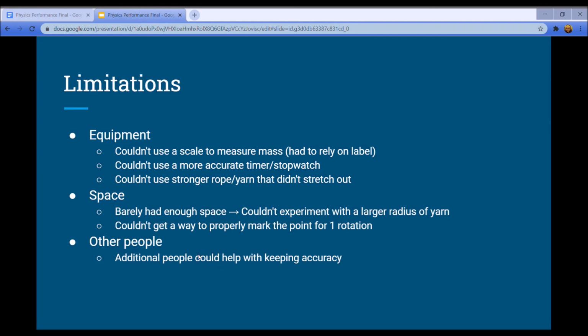And finally, because of COVID, I wasn't able to work with other people. Additional people really could have helped with keeping accuracy, since I had to keep track of the stopwatch, count the rotations, as well as keep a constant velocity on the object to the best of my ability, which is very difficult for a single person to do.